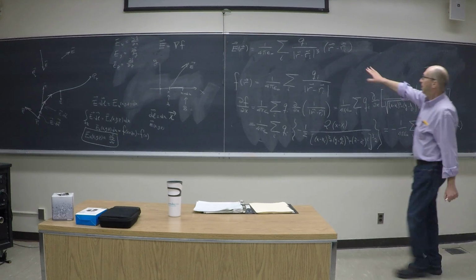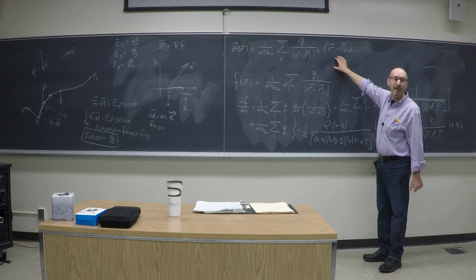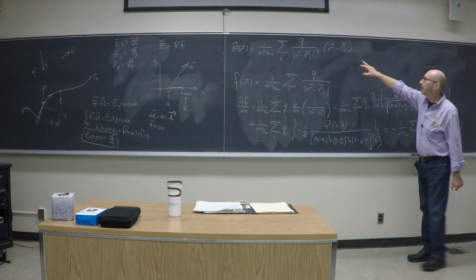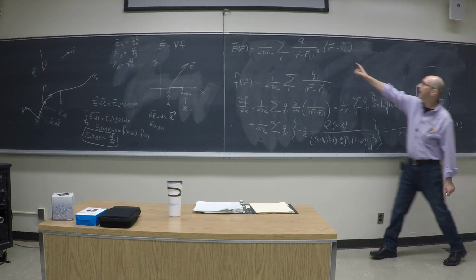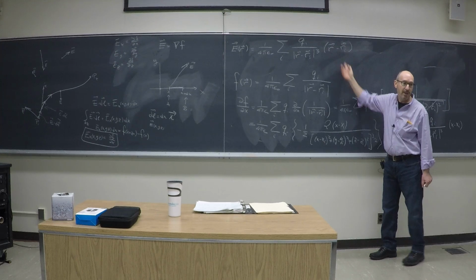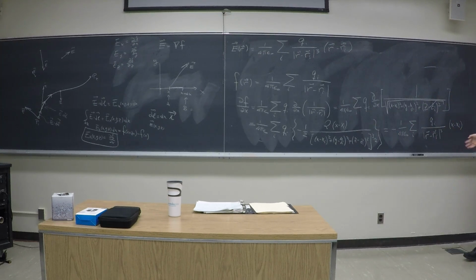So if we look at the electric field that we have up here, then what we just obtained is the x component of the electric field, because everything is exactly the same, only that we have an x minus xi here instead of the r minus ri in general. So that is clearly the x component of the electric field, negative. We got this very nice result that this is minus Ex.